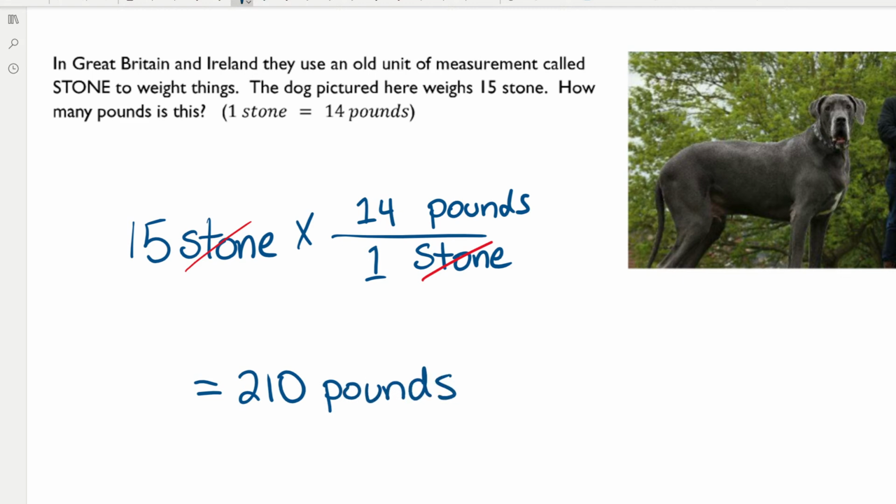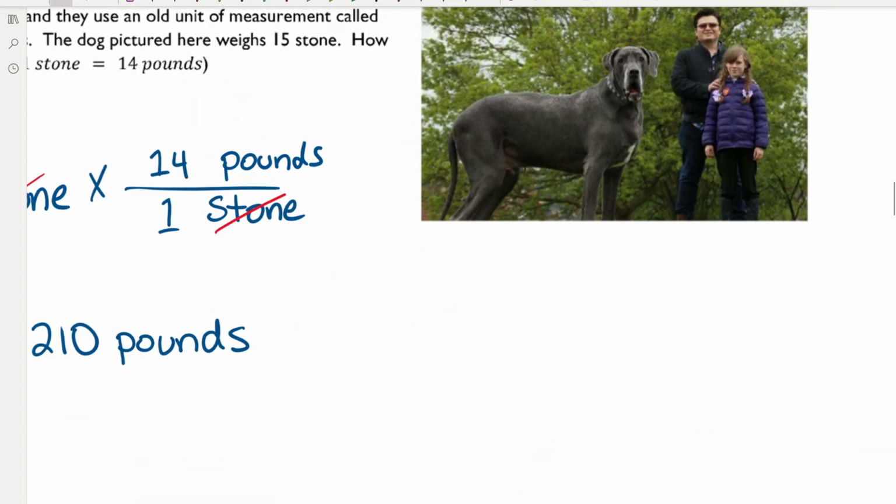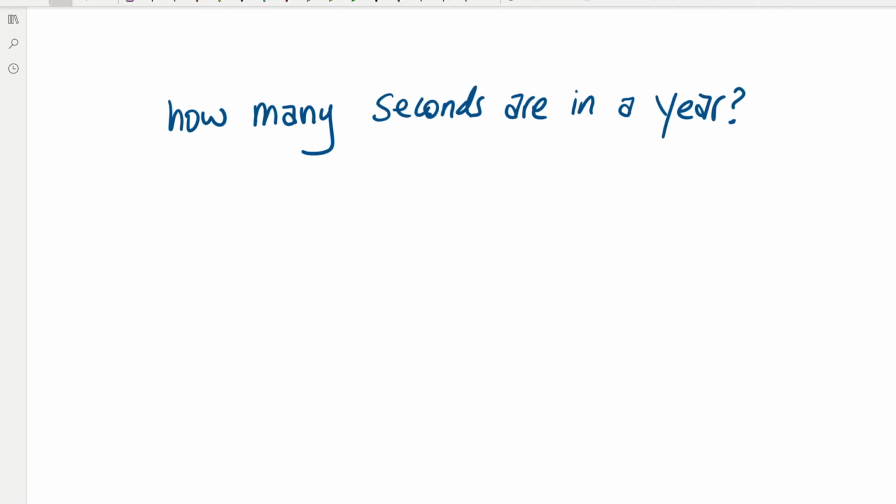But what I like about this is that we don't just have the ability to use it for simple questions like that. You can put these in a row. If I want to know how many seconds are in a year, I can do dimensional analysis, and I don't have to do it in multiple steps or keeping track. I can just start with the fact that we're going for 1 year.